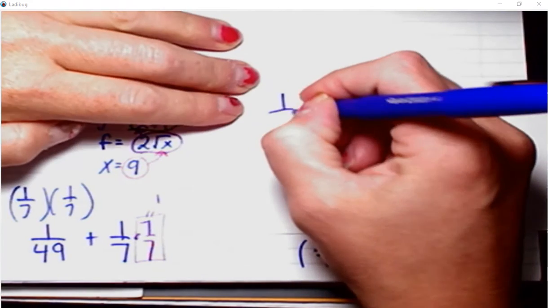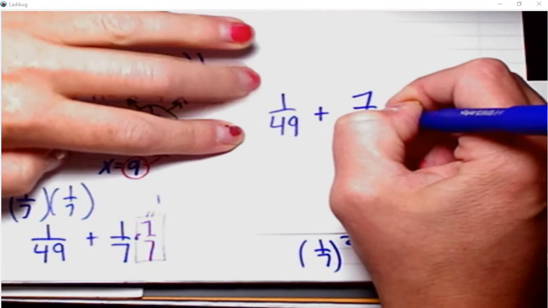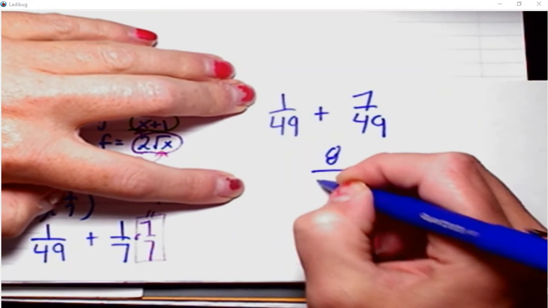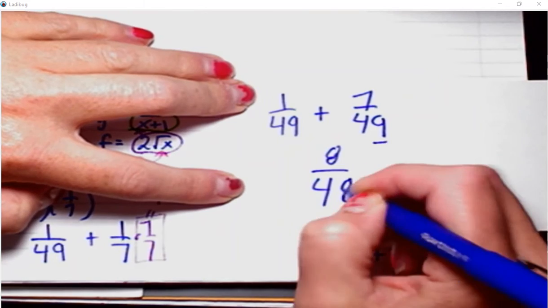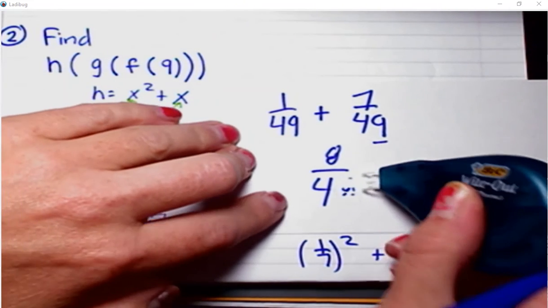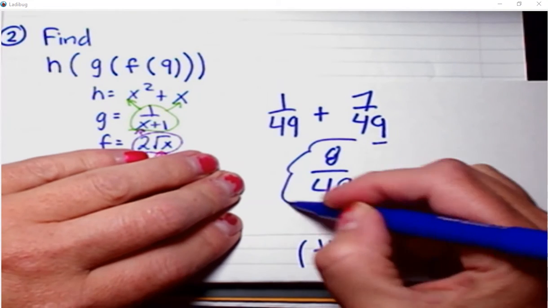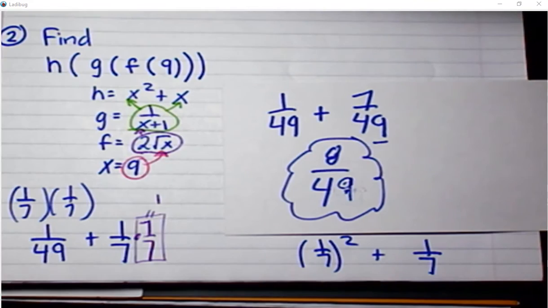So now I have 1 over 49 plus 7 over 49, which means I now get 8 over 49, not 48. Woo! That's it. You're like, that was a lot of writing. It was. But you can do it.